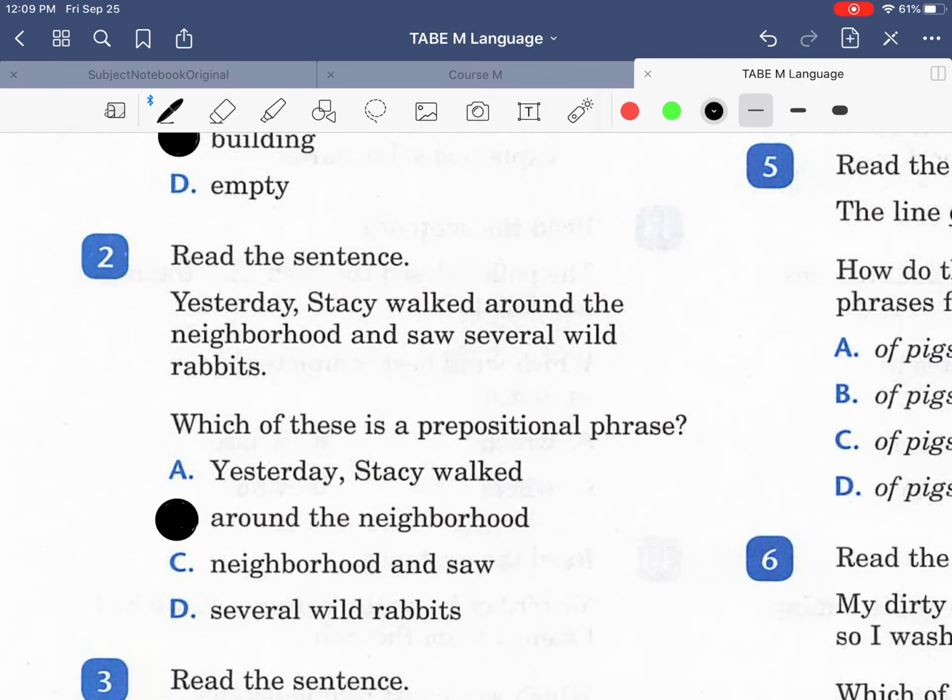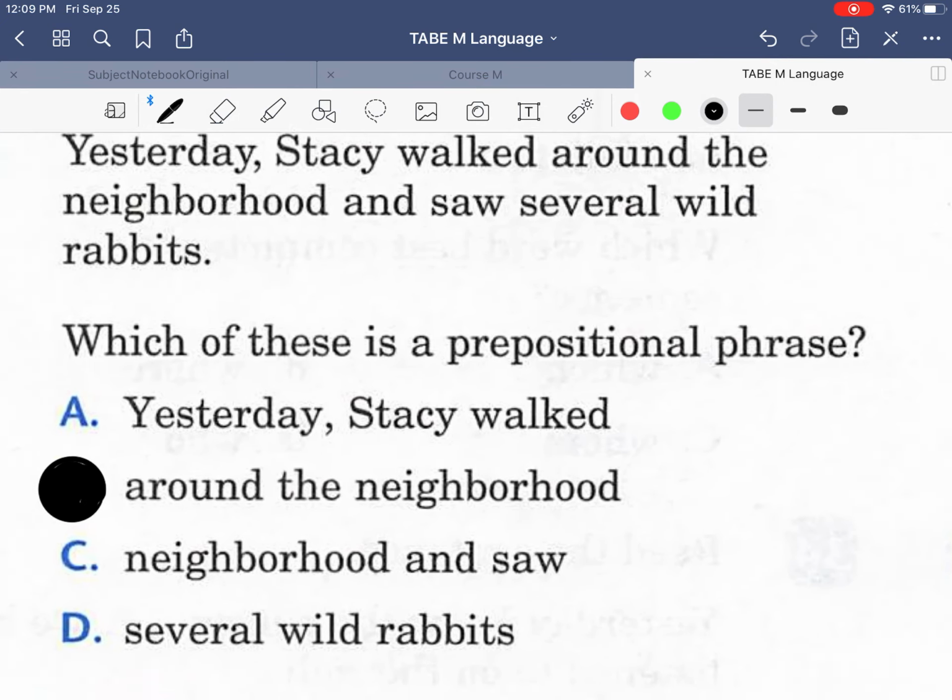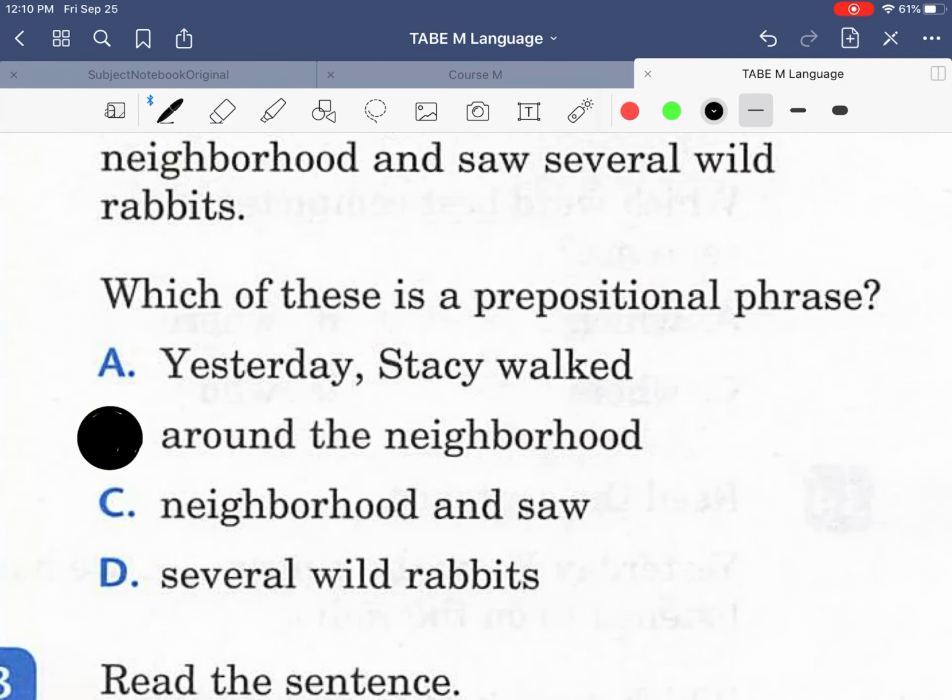Let's break these down and look at the parts of speech. Yesterday is an adverb. Stacy is a person, or I guess Stacy could be a dog or a cat, a living thing that can move. And walked is a verb. That is not a prepositional phrase.